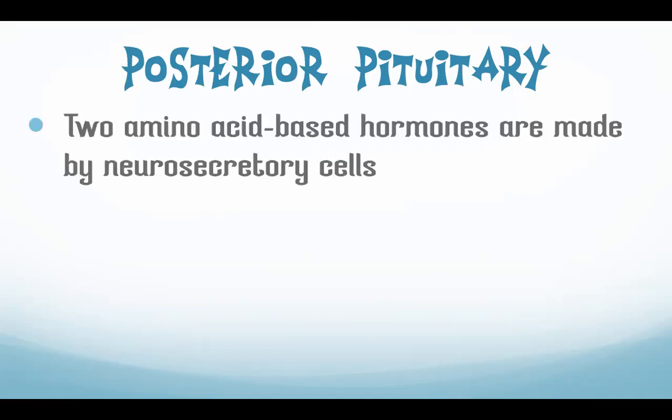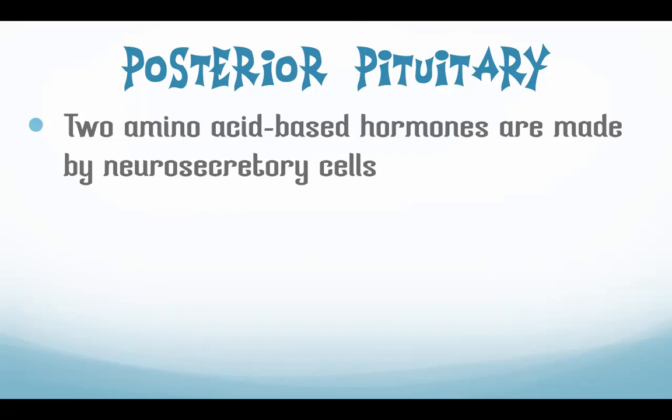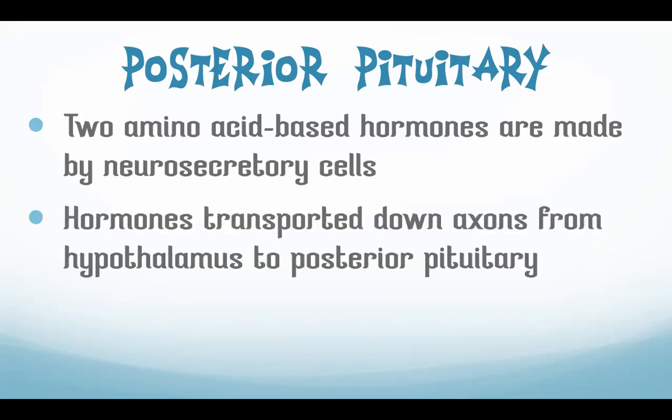That is the pituitary lobe that has the neurosecretory cells that extend from the hypothalamus all the way down into the posterior pituitary. The posterior pituitary makes 2 amino acid-based hormones that are made by these neurosecretory cells in the hypothalamus.